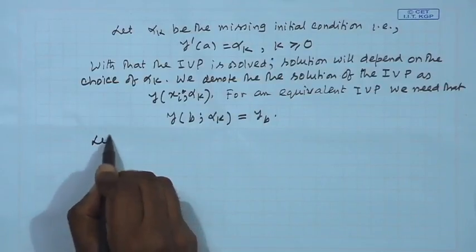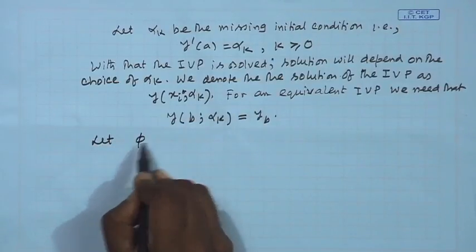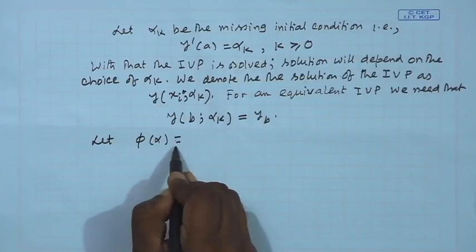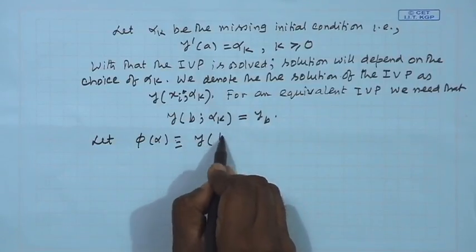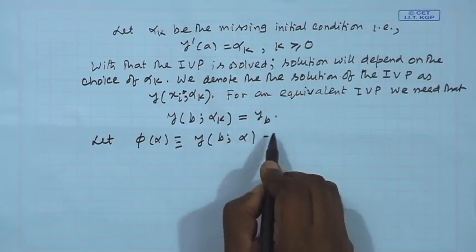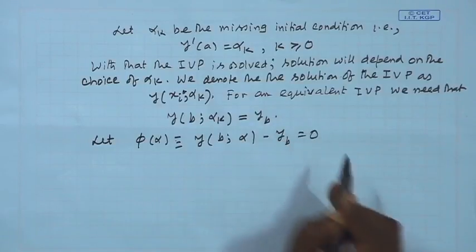So, if we define a function, let phi alpha be a function which is y b alpha minus y b equal to 0.